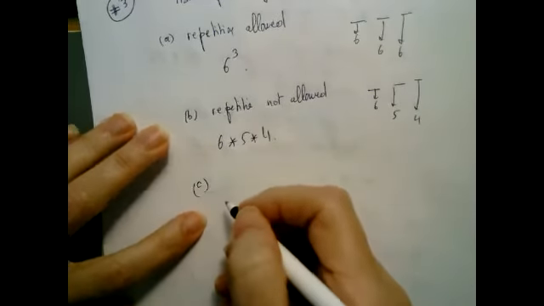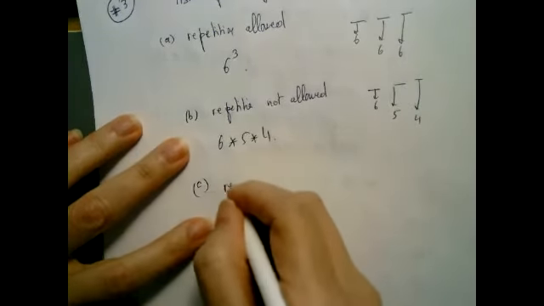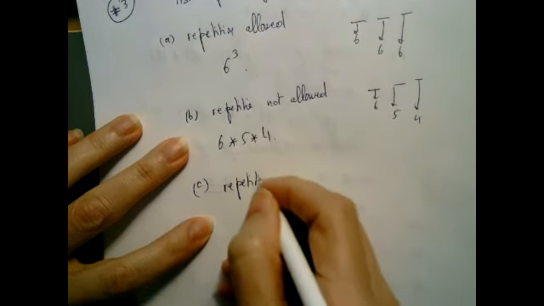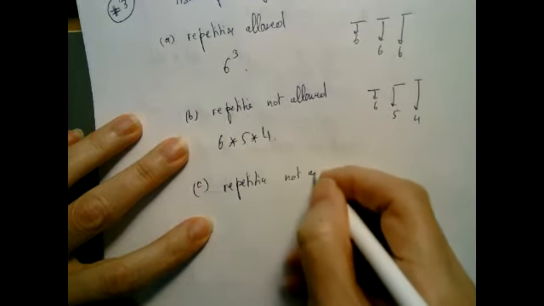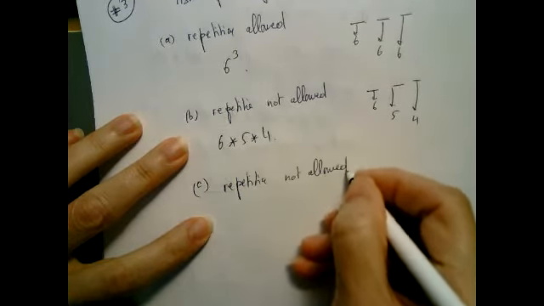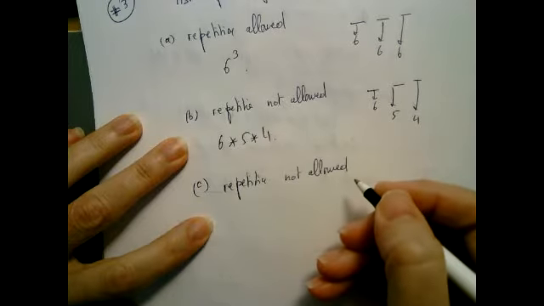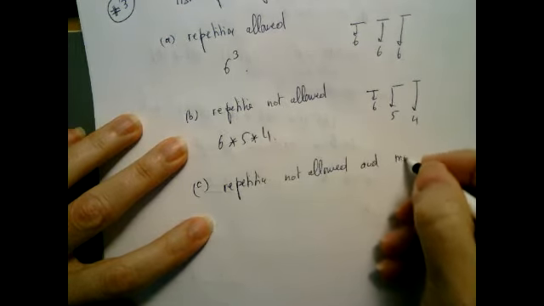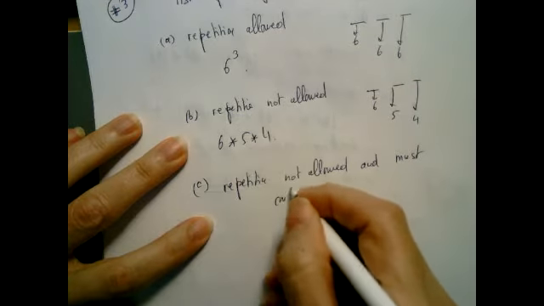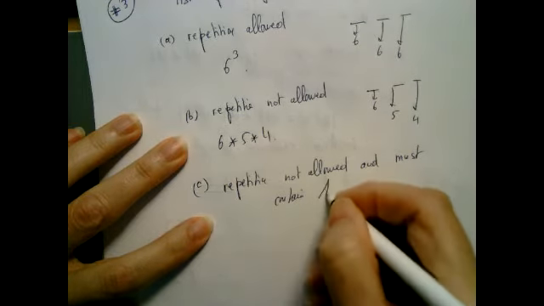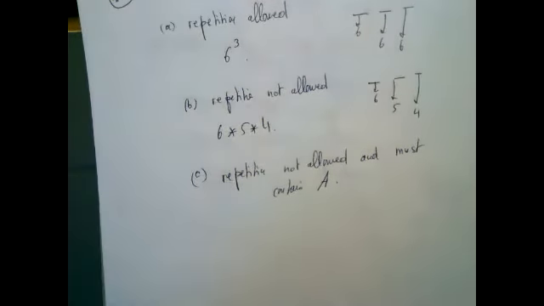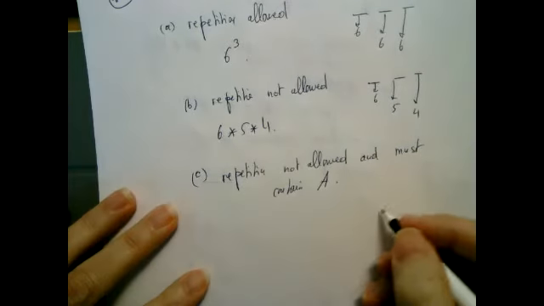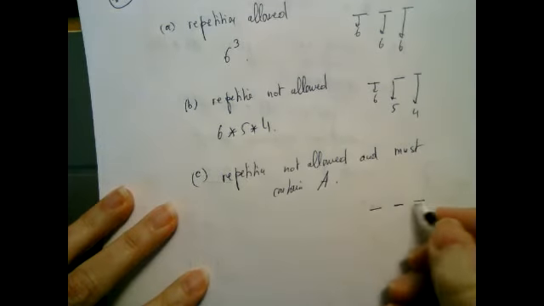Now C is repetition not allowed, so we cannot repeat, and must contain the letter A. Okay, we kind of did this before. So how many do we have? Oh, who can remember?